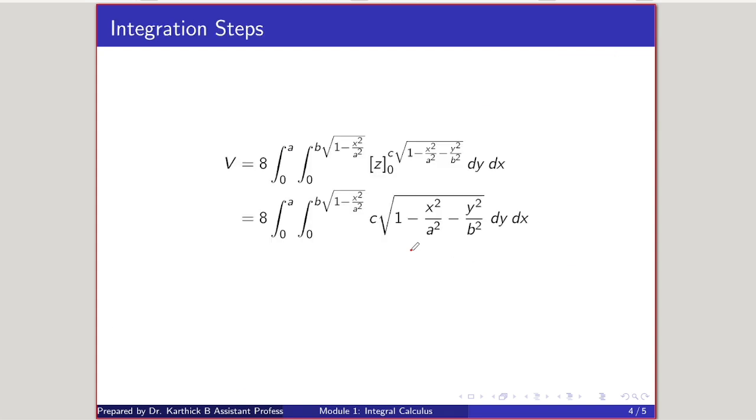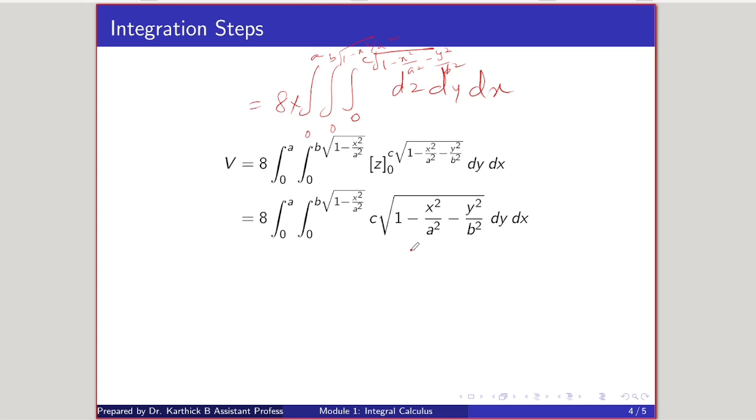Before that, it will be dz dy dx. All the lower limits will be 0. The upper limits are the square root of 1 minus x square by a square minus y square by b square, then b times the square root of 1 minus x square by a square, and here a.